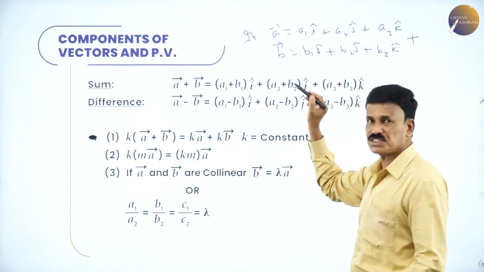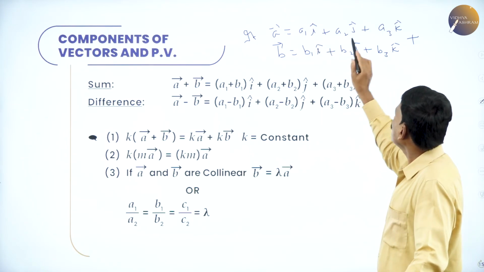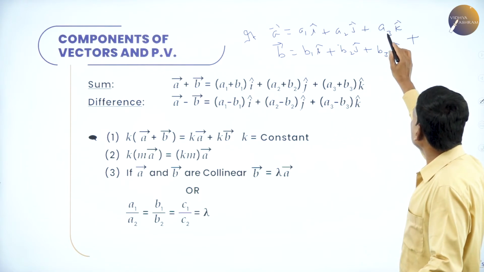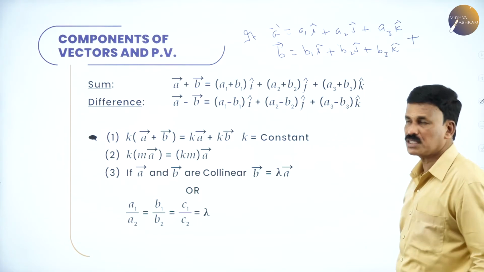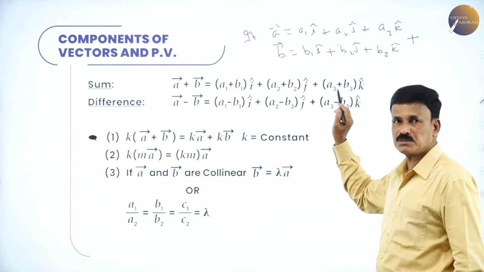It can be written by grouping the coefficients: the coefficient of i is a1 plus b1 into i, plus the coefficient of j, a2 plus b2 into j, plus the coefficient of k, a3 plus b3 into k.